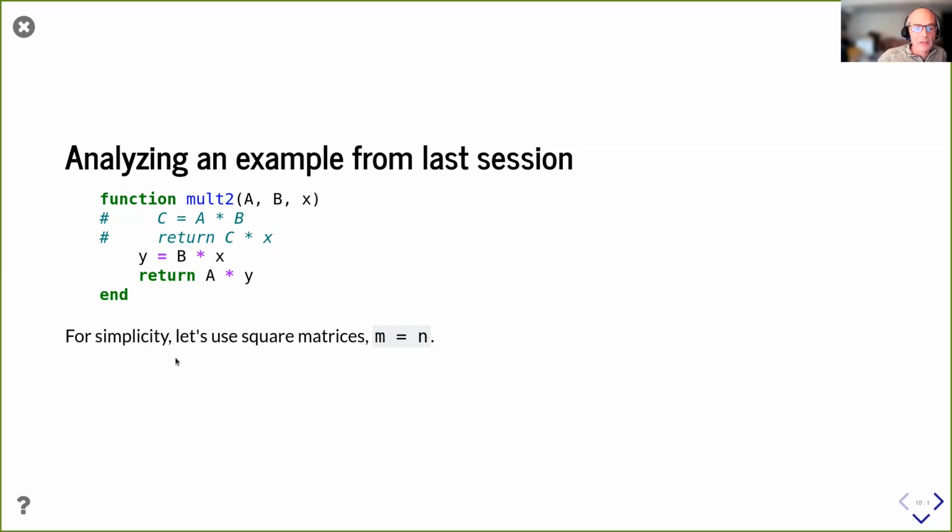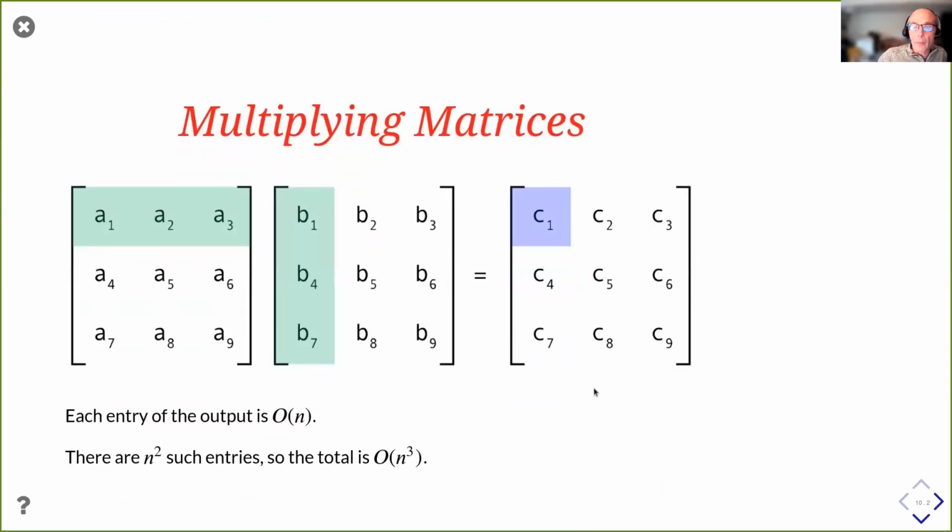And just for simplicity, we're going to use square matrices here, so I'm going to imagine that m is equal to n. You may know that the rule for multiplying matrices is kind of the same as it is for vectors. For every entry in the output, you take the dot product between a row of the first matrix and a column of the second one.